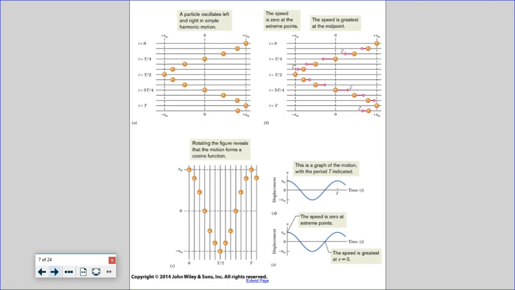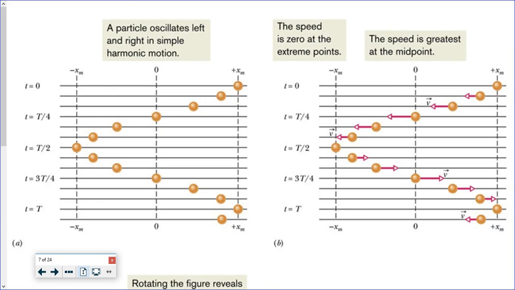Oh, no. All right, I guess I should point out another thing. First of all, let me make sure you understand what this drawing is. Here on the left is just sort of a stroboscope of your motion. At time 0, here's my particle. As time goes on, the particle moves left and right. A moment later it's here, a moment later it's here.